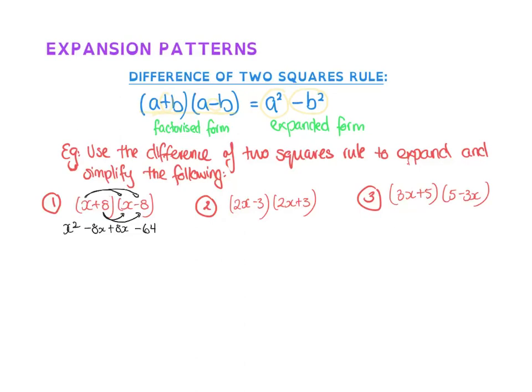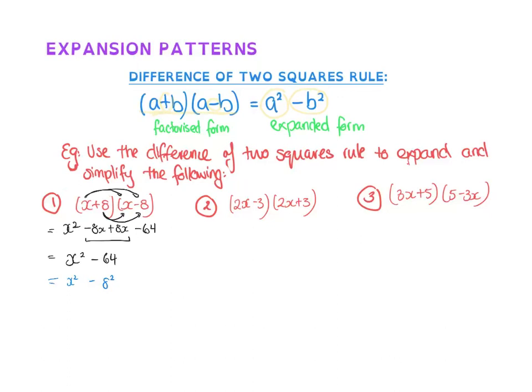So you can see these two terms cancel each other out, and I'd be left with x squared minus 64.